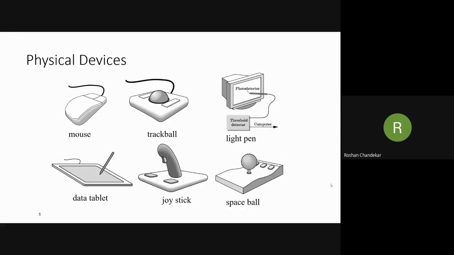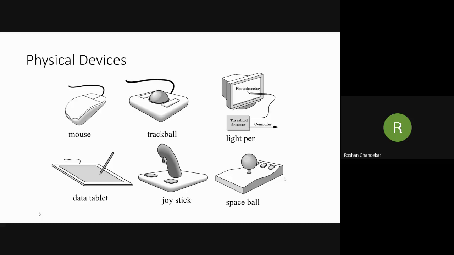So the physical devices are the mouse, trackball, light pen, data tablet, joystick, and spaceball. All of these are called selector devices, where we use the physical device to select a particular object, text, or image on the display device.